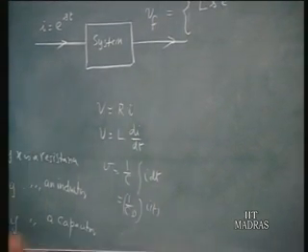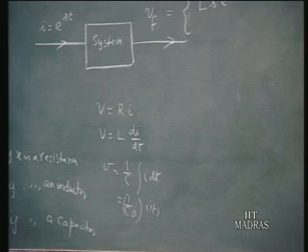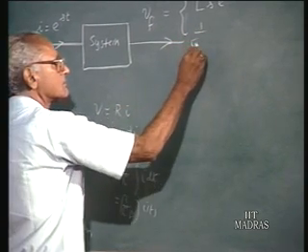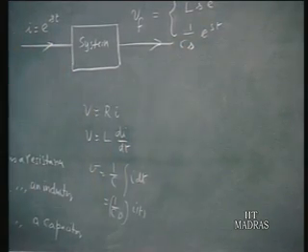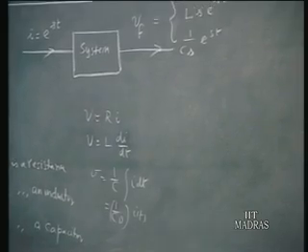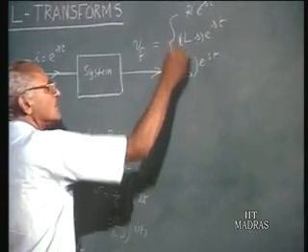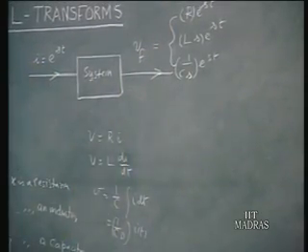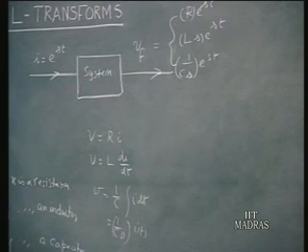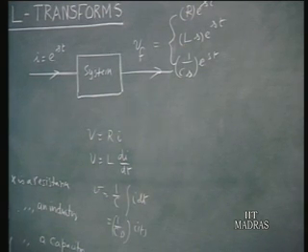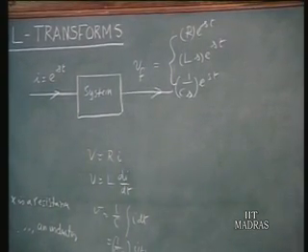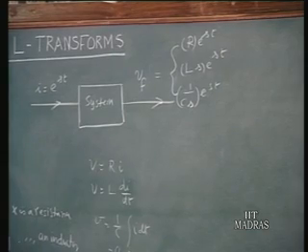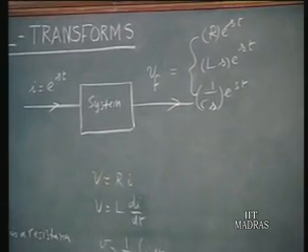Therefore, if i(t) is an exponential input, the forced response for the voltage is 1 over Cs times e to the power of st. So these generalized impedances R, Ls and 1 over Cs can also be thought of as a ratio of the forced response of the voltage to the current excitation, when the excitation is in the form e to the power of st. This is an alternate way of looking at this.